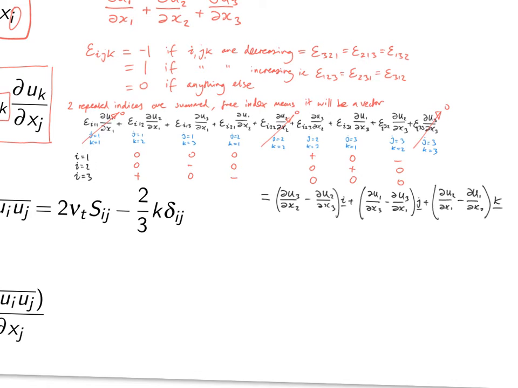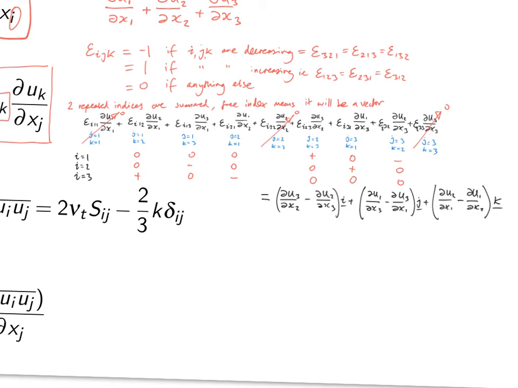So, for i, you have du3 over dx2, which is this term, positive, minus du2 over dx3, times in the direction i.